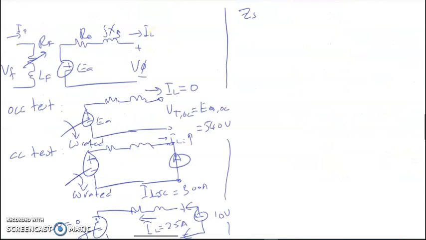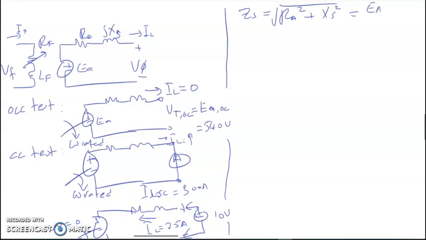So for the ZS, we are talking about Y connection now. The ZS is the square root of armature resistance squared plus synchronous reactance squared. So that's the total internal impedance of the ZS.